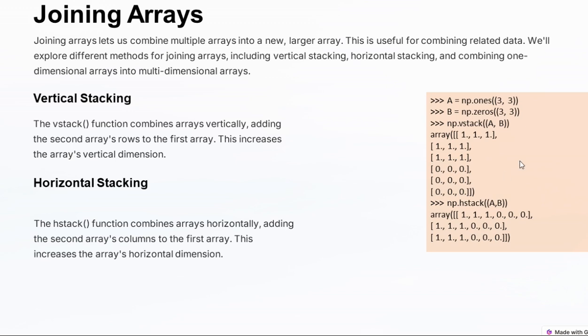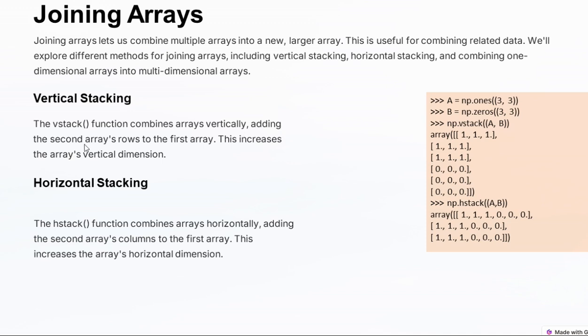Let's suppose we have two arrays, A and B. A is a 3x3 matrix and B is another 3x3 matrix. What we are going to do is stack the array A on B. There are two ways of stacking, vertical and horizontal. In vertical stacking, we combine the arrays vertically.